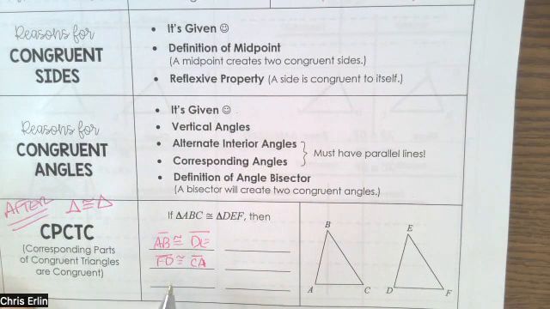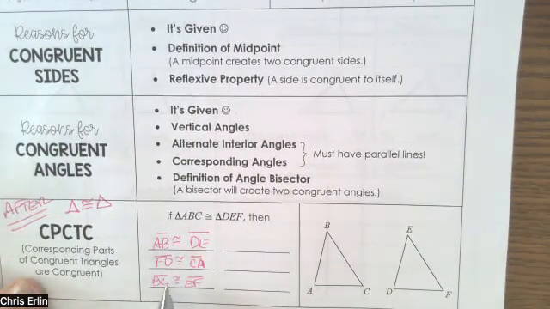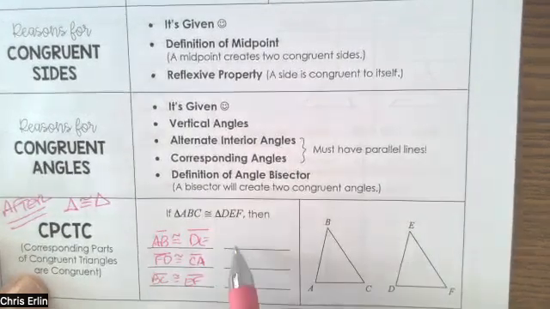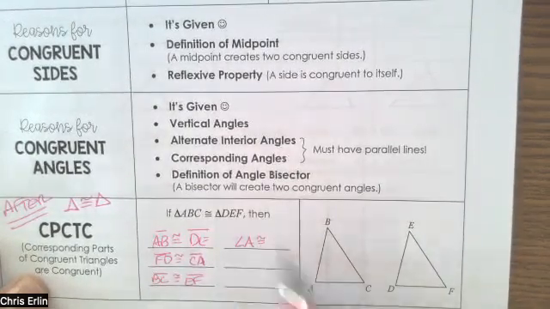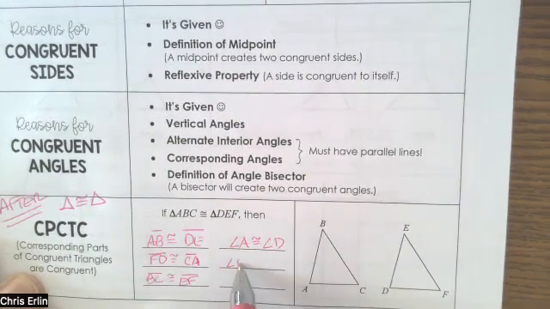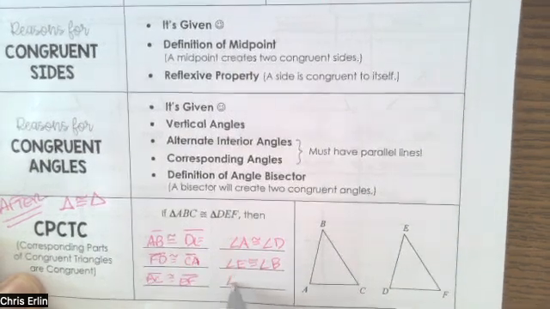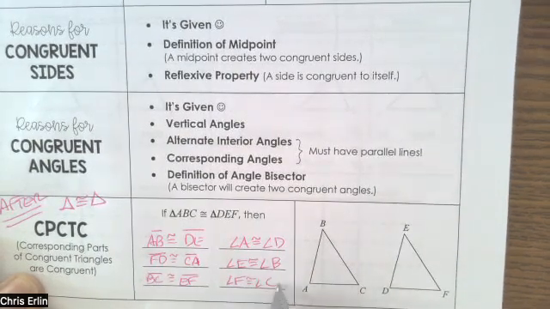And what about BC? EF. And it works not only with sides, but also with angles. Angle A would be congruent to what? Angle D. Angle E would be congruent with angle B. Angle F would be congruent with angle C.